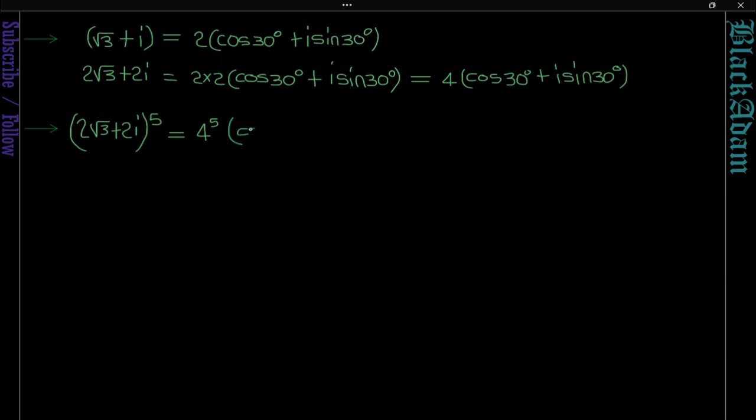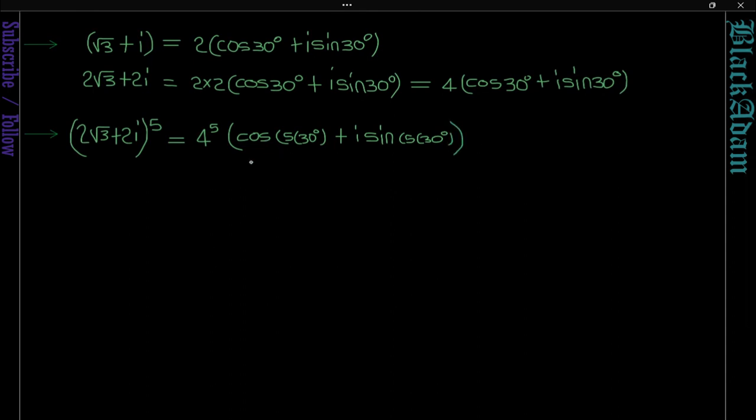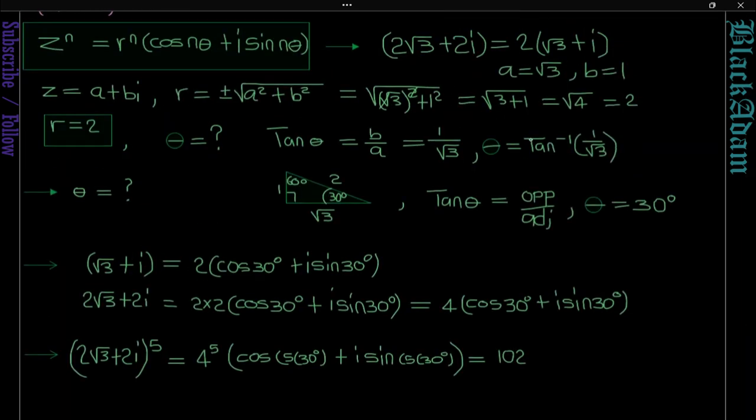So that is 4 to the power 5, and then cos of 5 times 30 degrees plus i sine of 5 times 30 degrees. 4 to the power 5 using a calculator gives us 1024, and 5 times 30 is 150 degrees, so that's cos 150 degrees plus i sine 150 degrees.